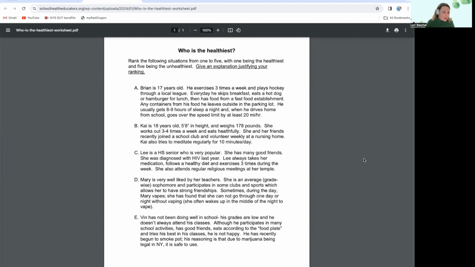There's Lee, who is a high school senior, and Lee has been diagnosed with HIV as of last year. And Lee also follows a healthy diet, exercises, goes to their temple.